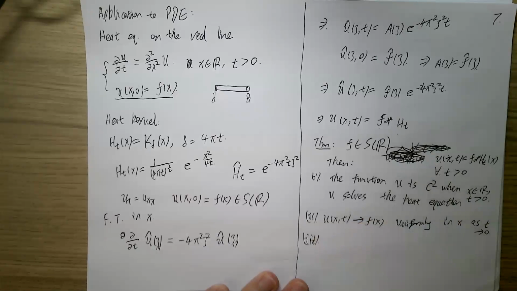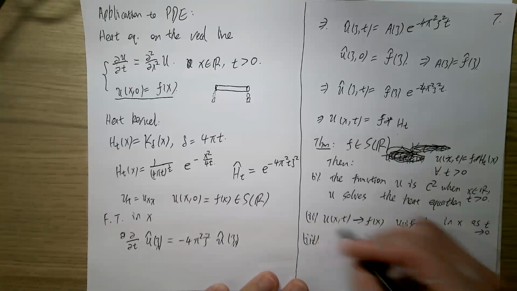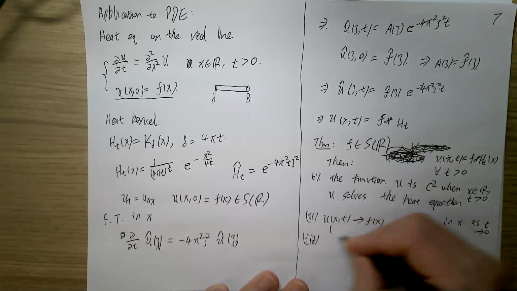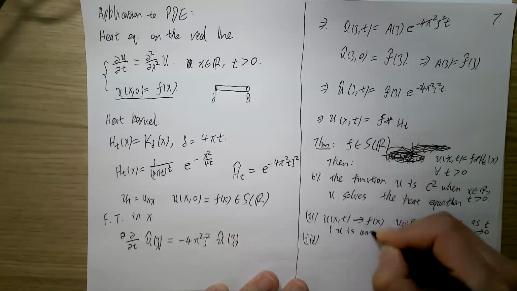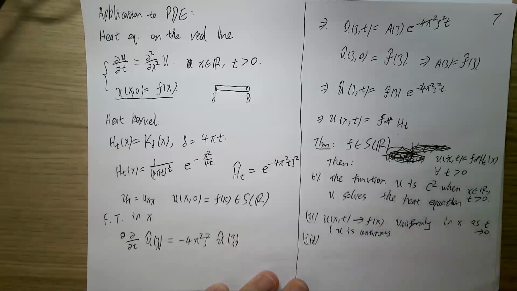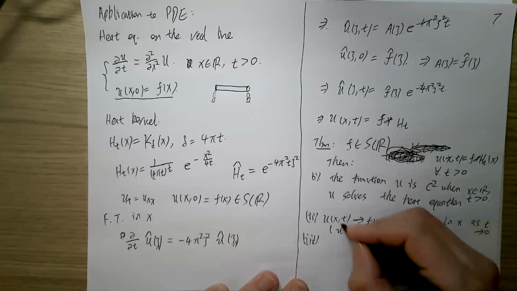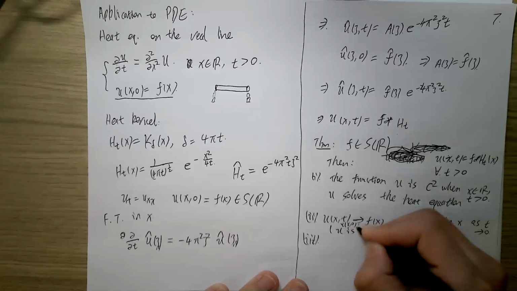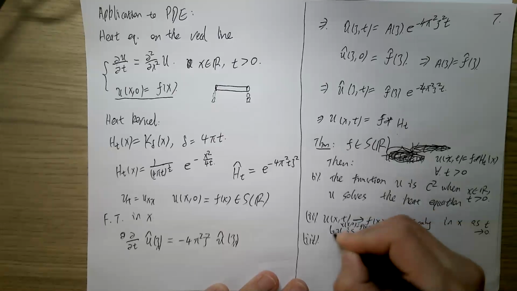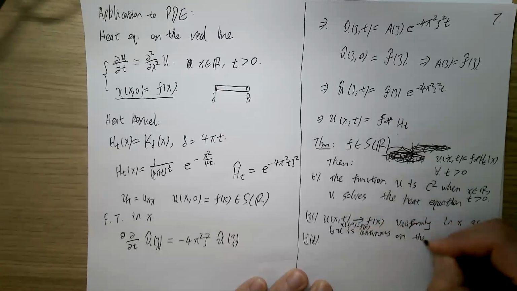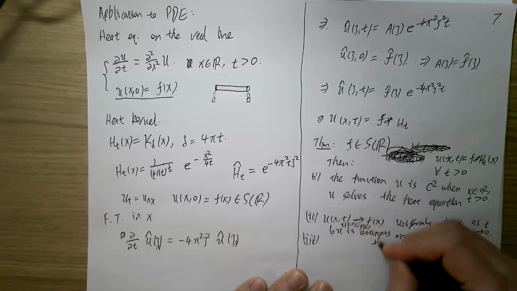And third, then we give it a name. If u is actually continuous, if we say u(x,0) equals f(x), then we have u is continuous on the closure of the upper half plane.